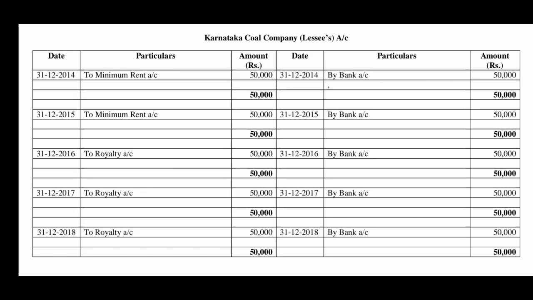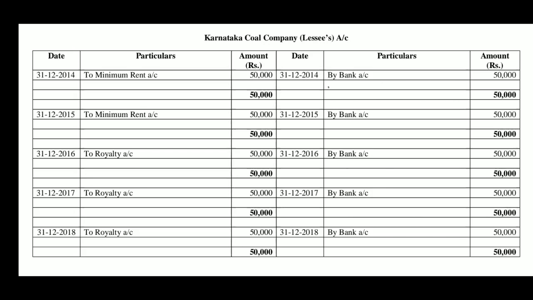When it is received by bank account, lessee's account credited by bank account 50,000. In the second year also, minimum rent is receivable. So, lessee's account debtor to minimum rent account 50,000 when it is received by bank account 50,000.